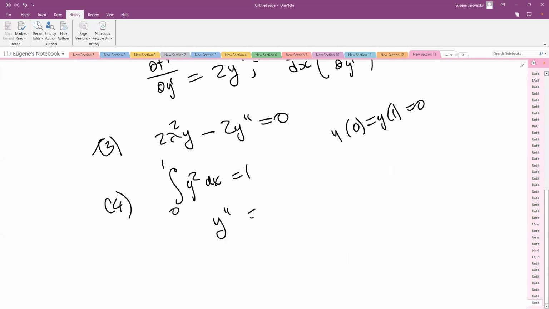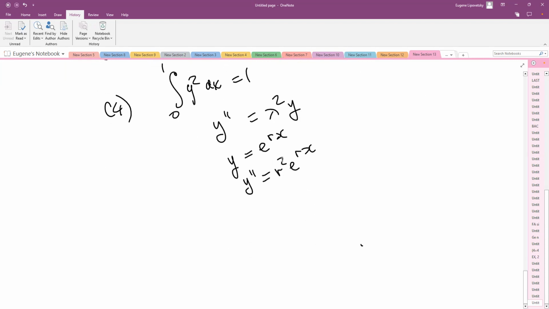y double prime equals lambda squared y. Okay, y equals e to the rx, all right? y double prime equals r squared e to the rx, that's correct. But lambda is a function of x.